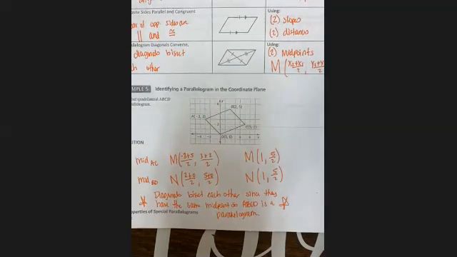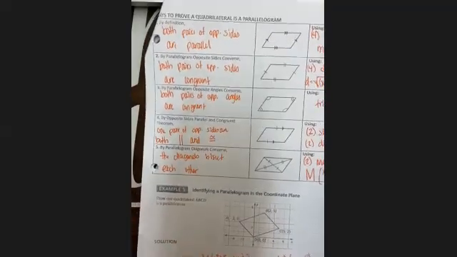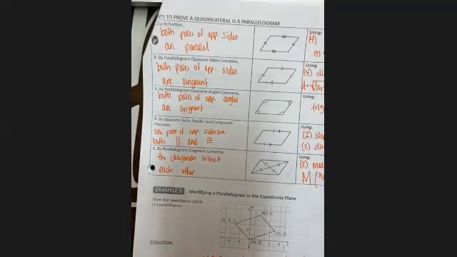Or if you showed me 4 slopes, you would say, okay, that's showing you that both pairs of opposite sides are parallel because 2 slopes are the same and then the other 2 slopes are the same. Something like that, but you have to describe to me what that math is showing you according to these definitions and theorems. Okay, so if you have any questions, let me know. But yeah, go ahead and go do your assignment.